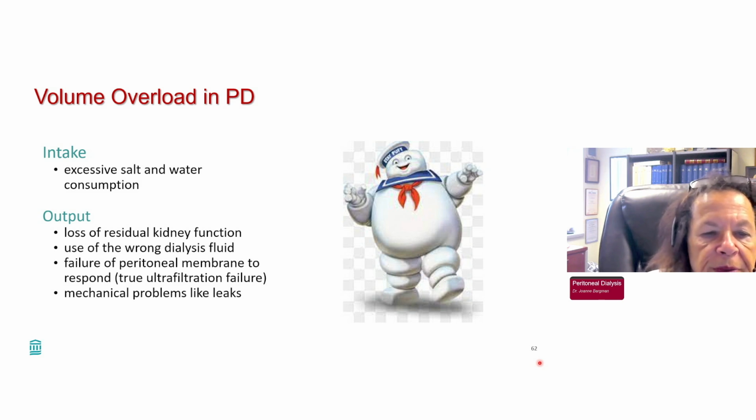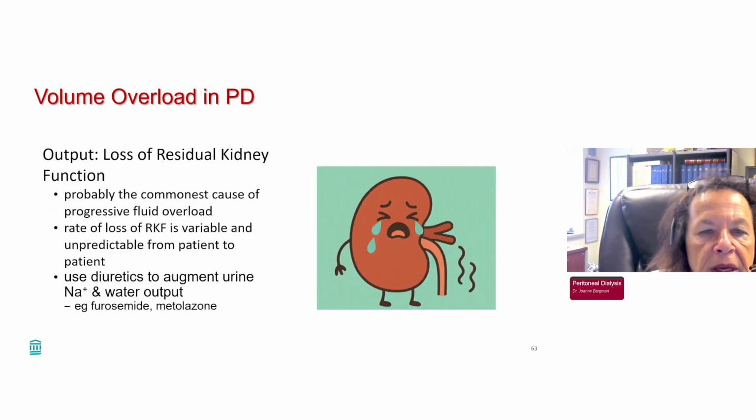The failure of the peritoneal membrane to respond to the osmotic stimulus or the oncotic stimulus, and that's true ultrafiltration failure, and mechanical problems like leak of the dialysis fluid into other parts of the body, which I'll talk about in the next lecture. So loss of residual kidney function is probably the commonest cause of progressive fluid overload, and it's variable.